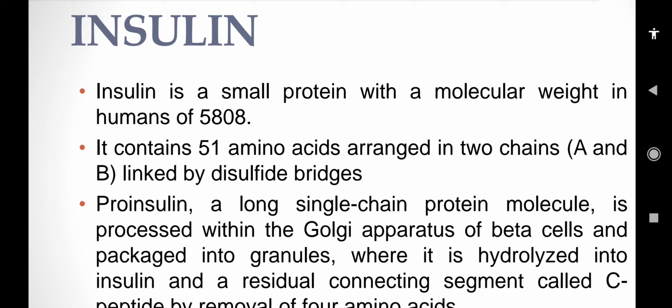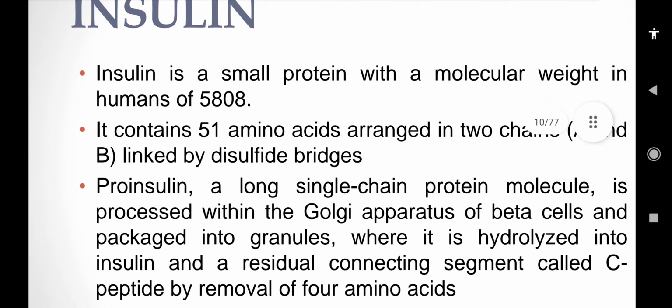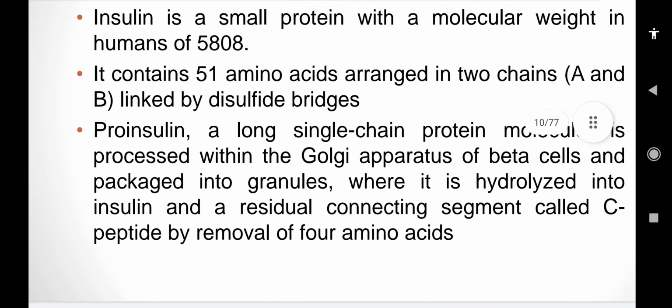Within the Golgi apparatus of the beta cells, the proinsulin is processed and packed into the granules, where it is hydrolyzed into the insulin and the other component called C-peptide, or it can also give, as a waste product, 4 amino acids.